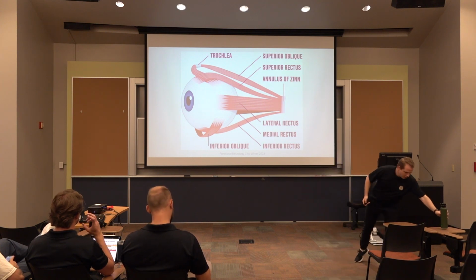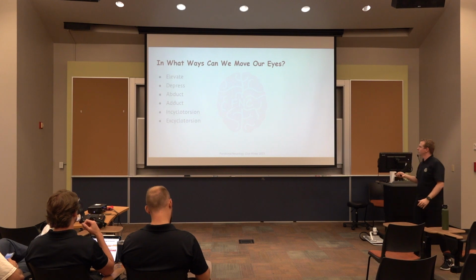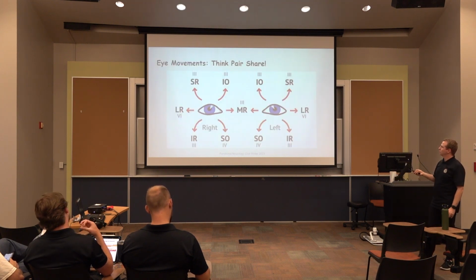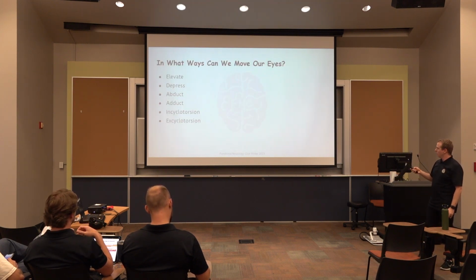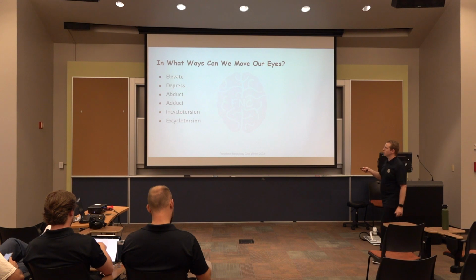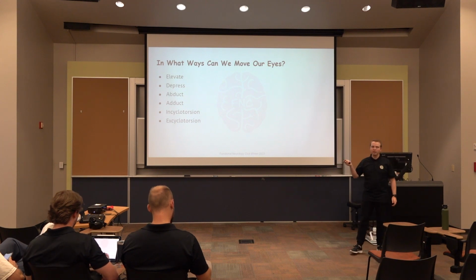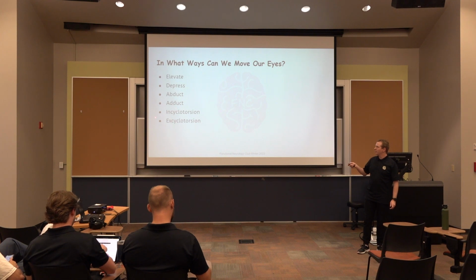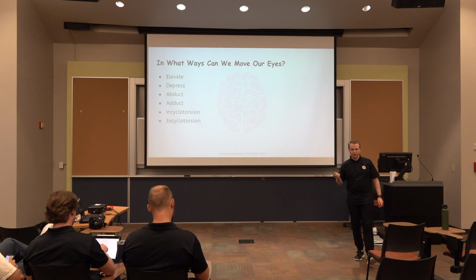A good way to remember that is that encyclotorsion is going to be from superior muscles. So the superior oblique is going to encyclotort, and excyclotorsion is going to be due to the inferior oblique.